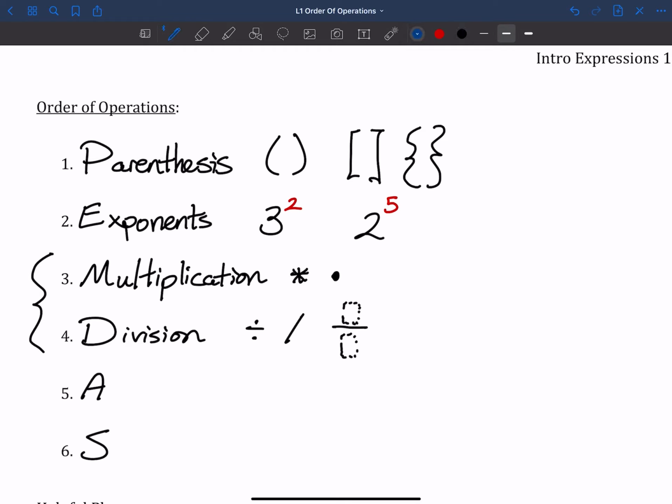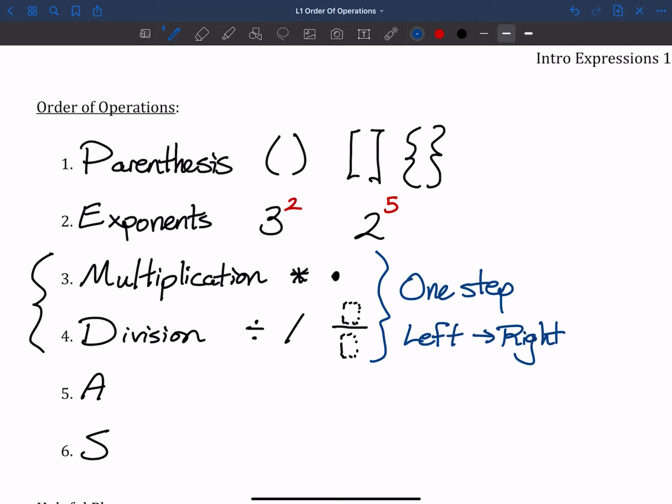The reason that I was saying these go together is because you're going to take them as one step, and you're going to do them in whatever order you run into, going from left to right. So if you're reading through your expression from left to right and you have some division and then some multiplication later on, do the thing that comes first. The division you ran into first, take care of that, then do the multiplication later.